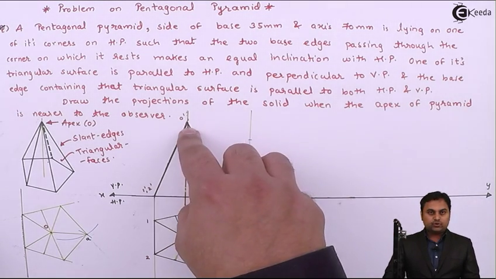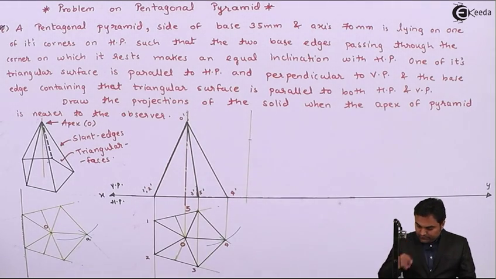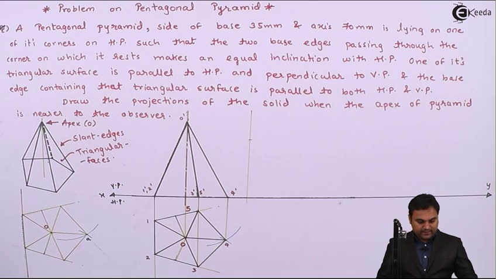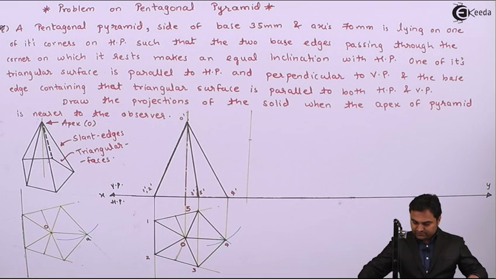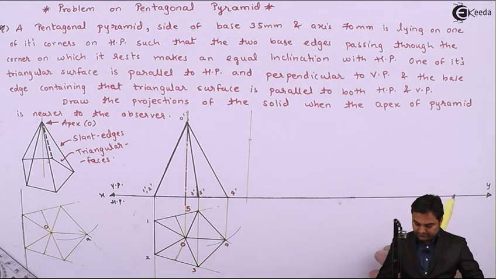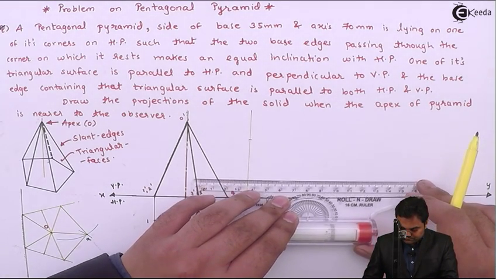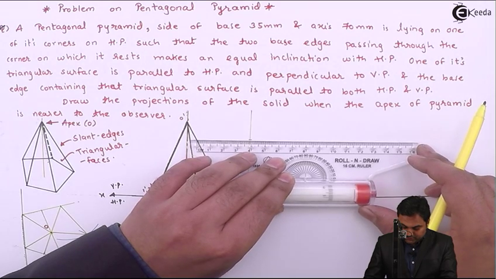the edge which is O dash, 1 dash, 2 dash should pass through it, that is, making it parallel. First of all, I'll draw a light line through this point, a light line parallel to XY.